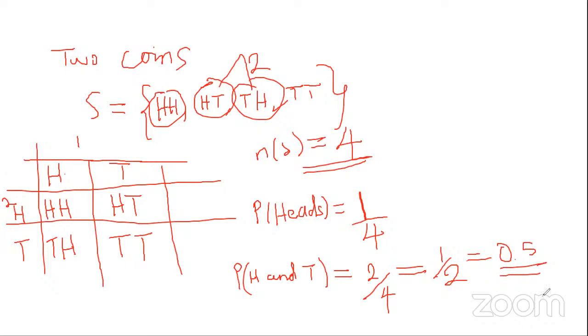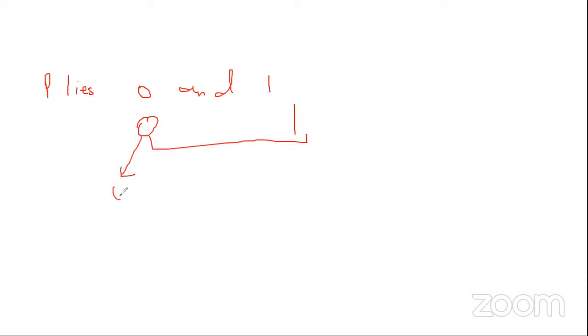Okay. So maybe probability lies between 0 and 1. So our values should be between these two. Okay. When you get 0, it implies that something will not occur.